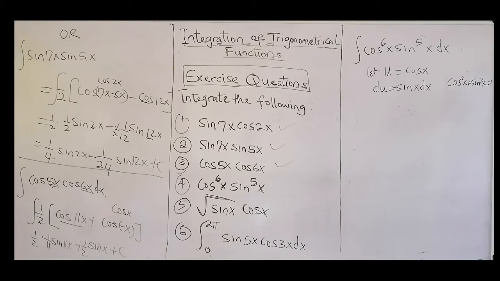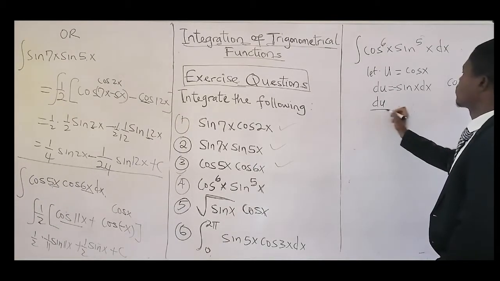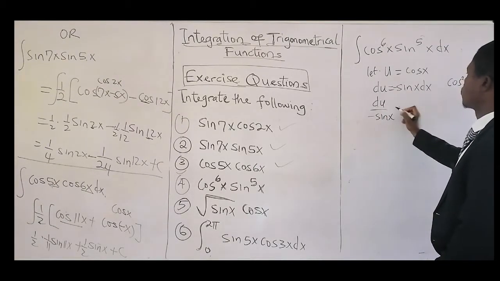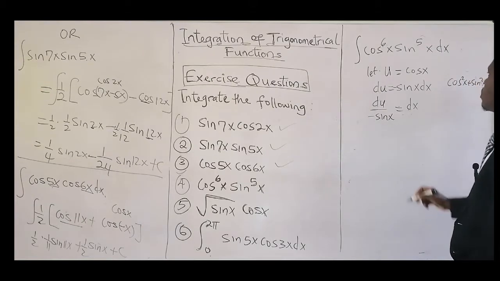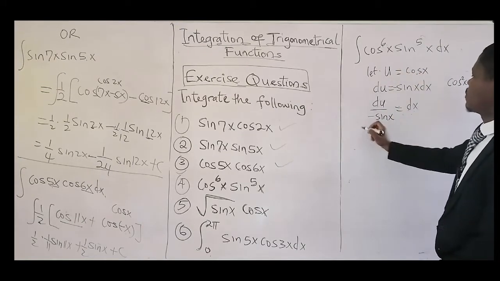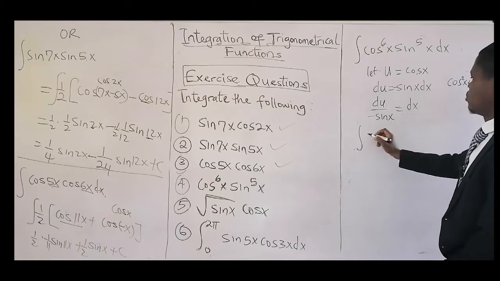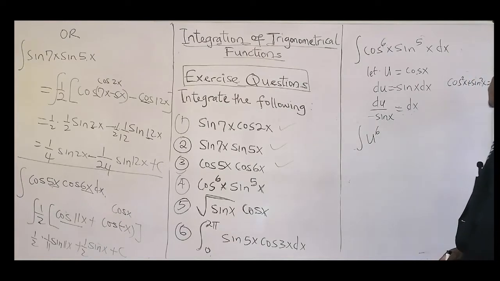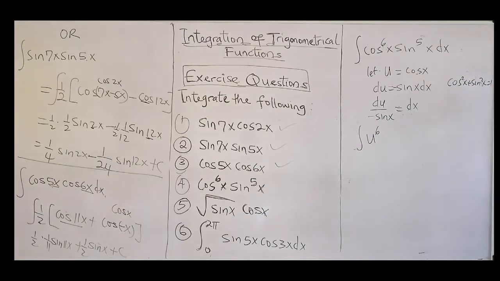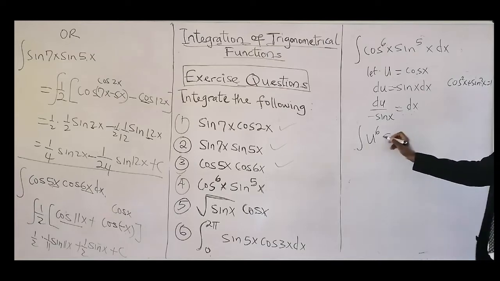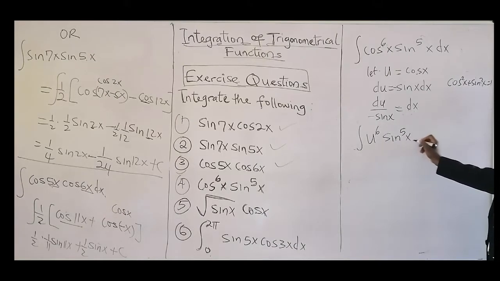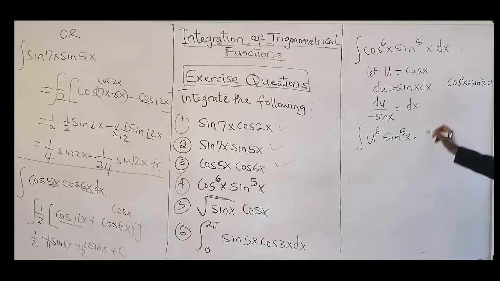Then, in that case now, we have du over minus sine x equal to dx. So u is cos x, so I'm having the integral of u to the power 6, and then sine 5x, then dx is du over minus sine x.